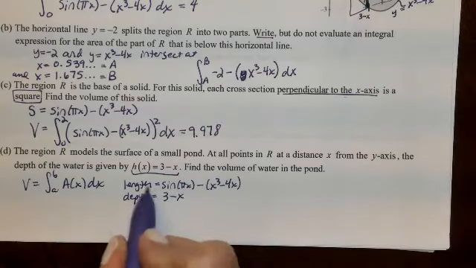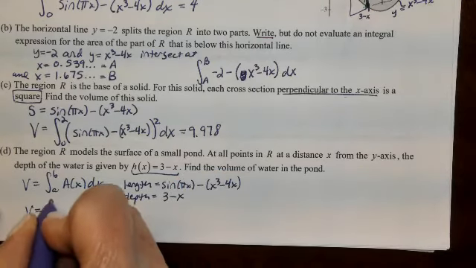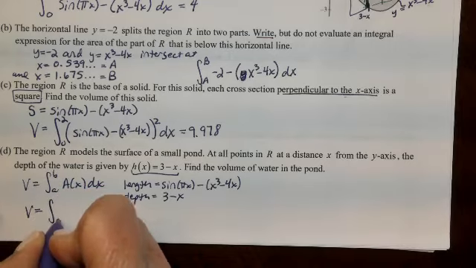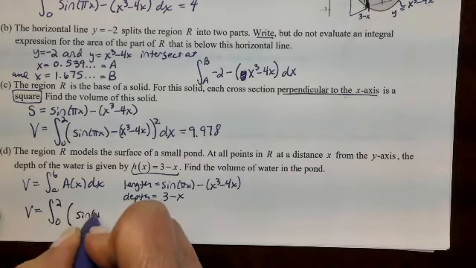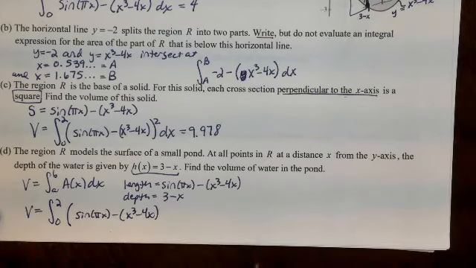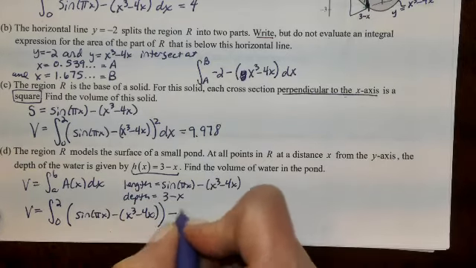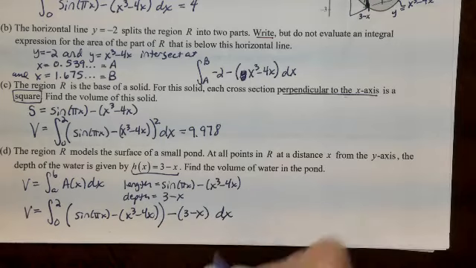So our area is just length times the depth. So the volume will be the integral from 0 to 2 still of that length times that depth with respect to x.